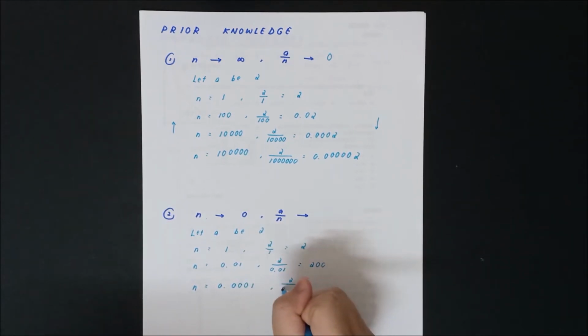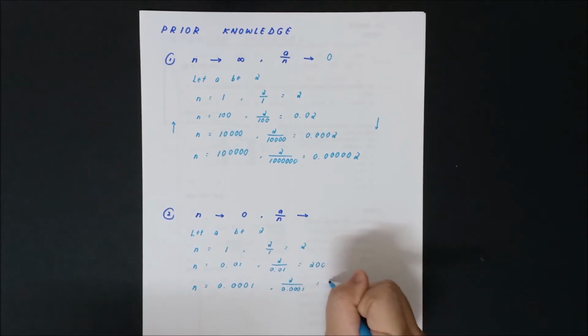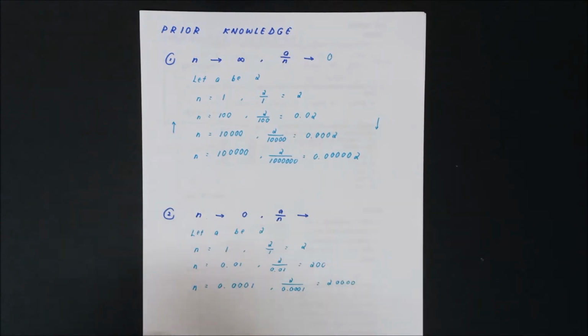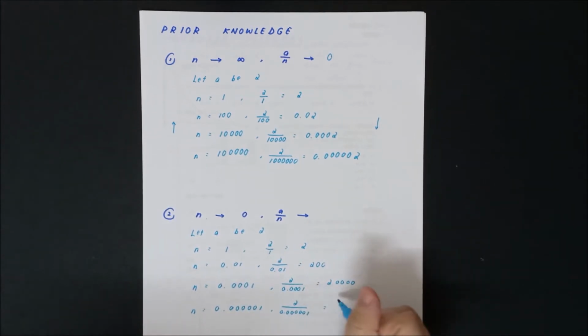So 2 over 0.0001, you will be getting 20,000. Count the zeros, 1 2 3 4, yes, correct. If I continue on to 0.000001, 2 divided by 0.000001, what will I be getting? Counting 1 2 3 4 5 6, I will be getting 2 million.